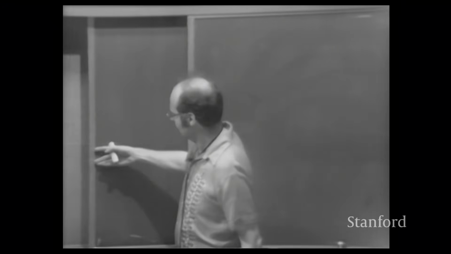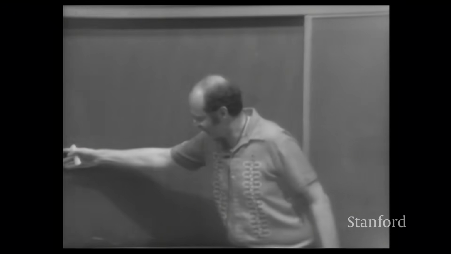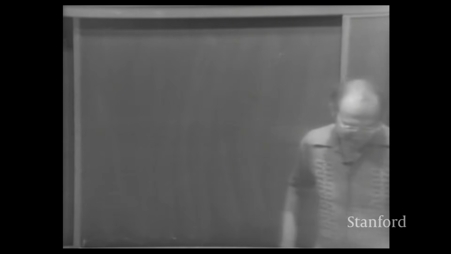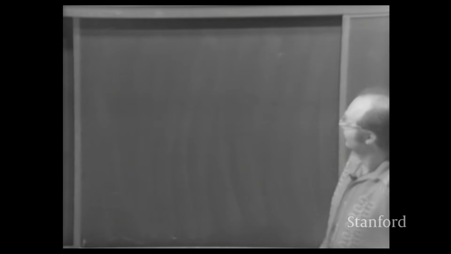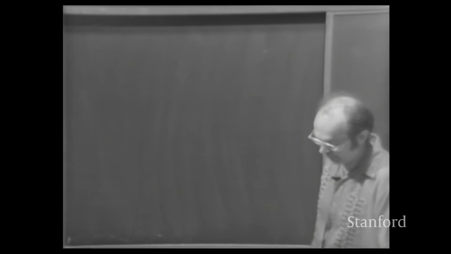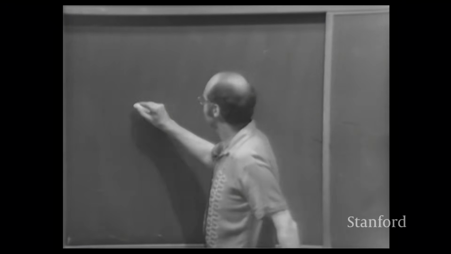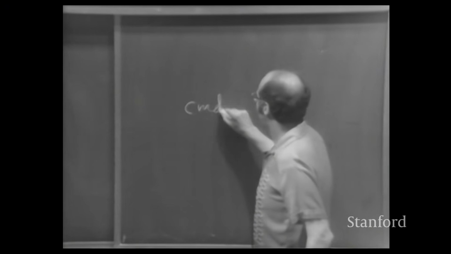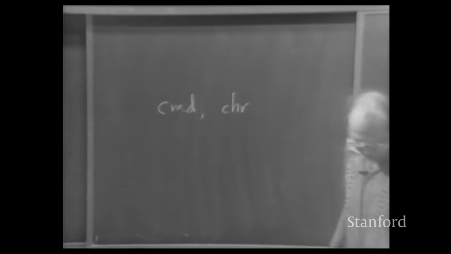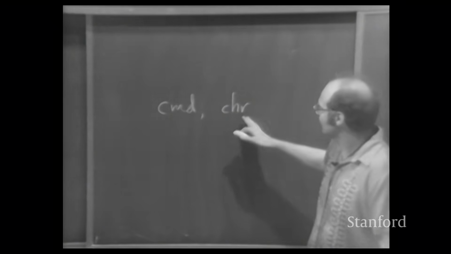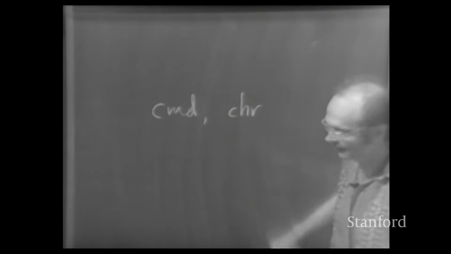But first we should start out just with the basic idea of syntax, what we have to do. The goal of syntax is to scan the input and deliver the necessary information to the semantic routines. And at the level the semantic routine wants, it usually wants to get a command and a modifier to the command, which is called chr, although chr sometimes is a pointer, not really a character.